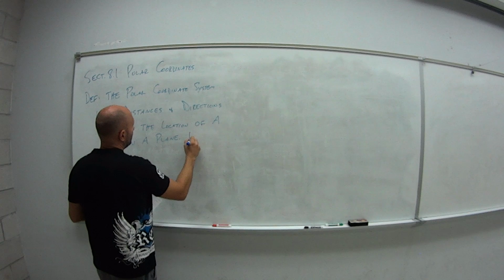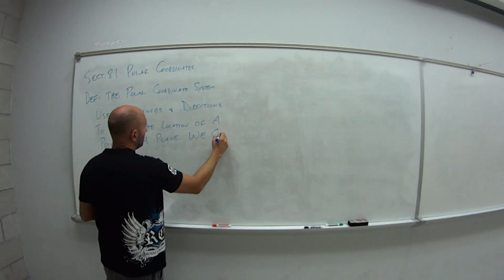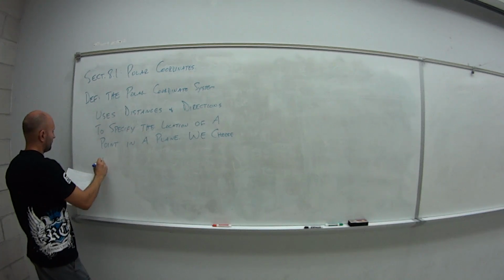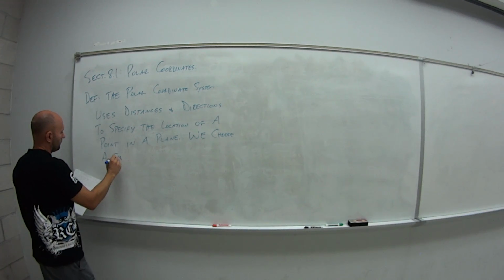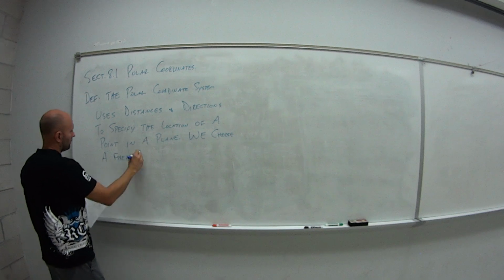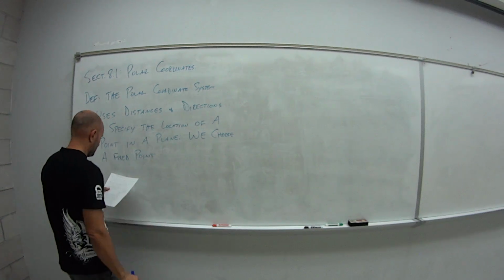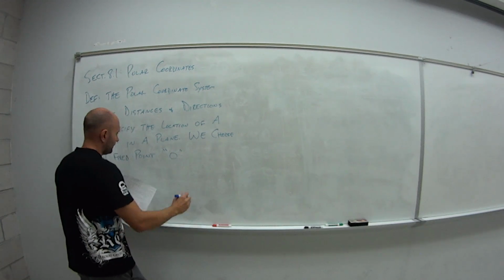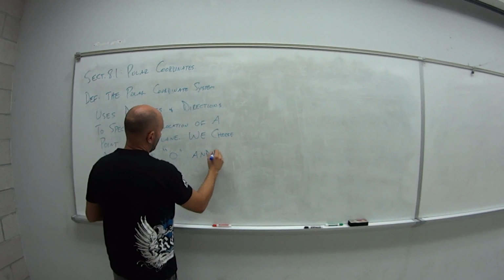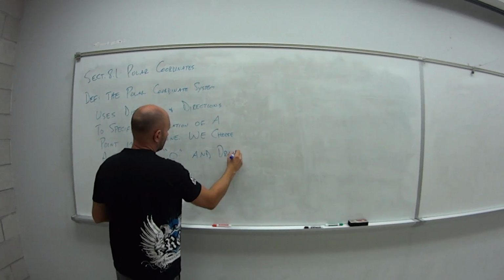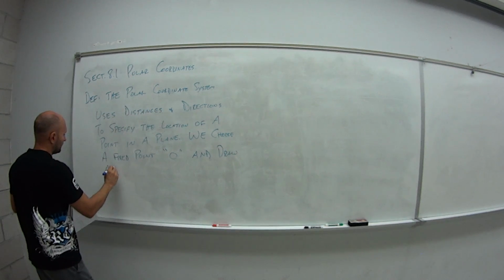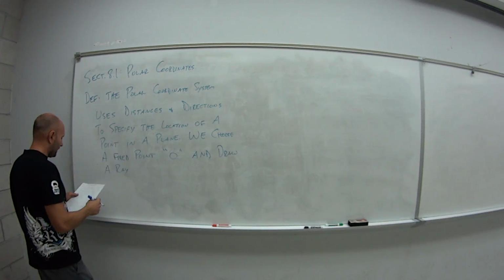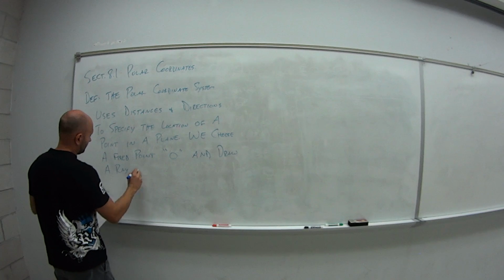We choose a fixed point, call this O for origin, and draw a ray, which is like a half line called a polar axis.